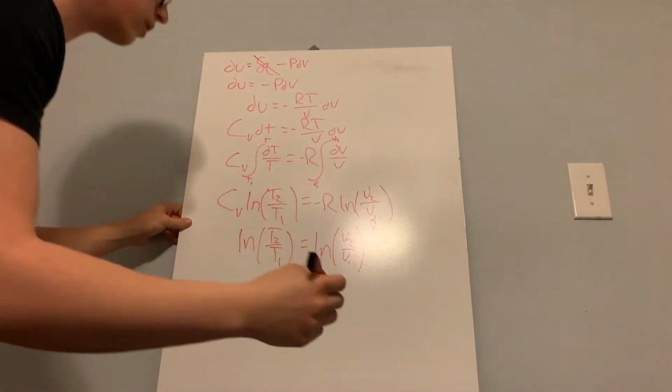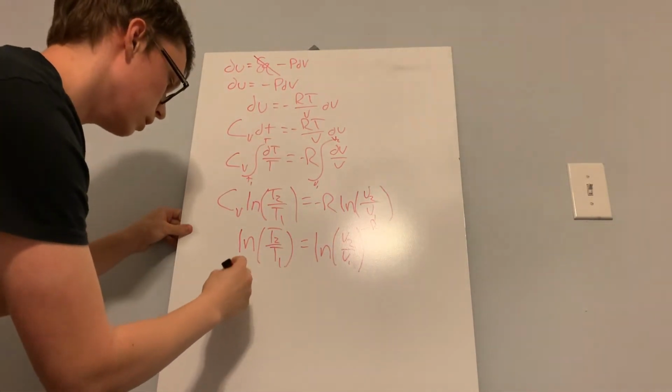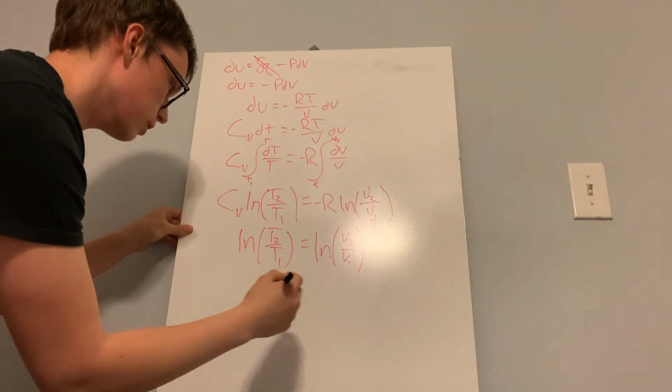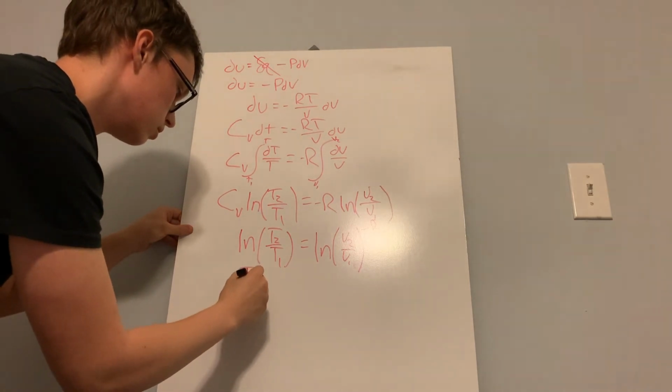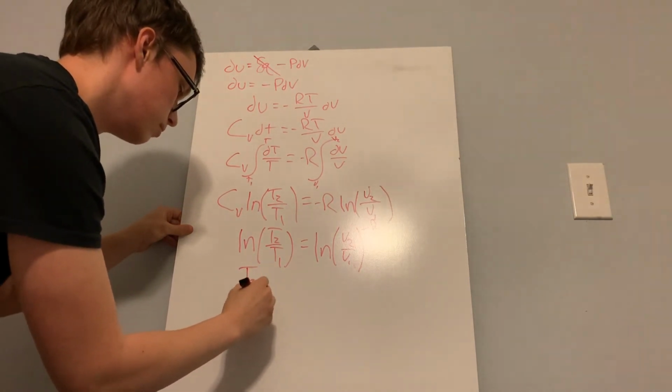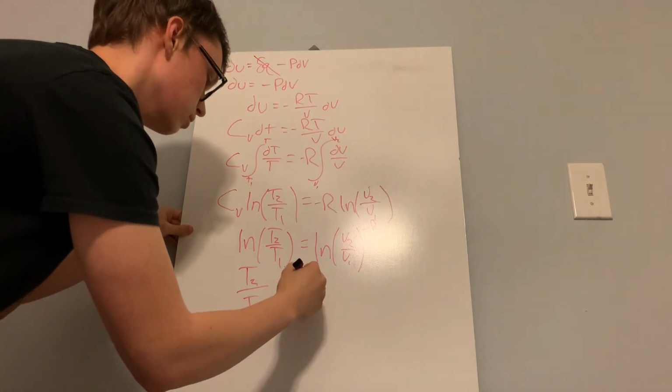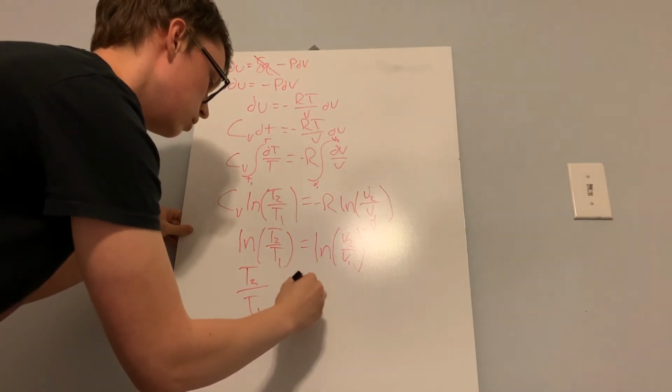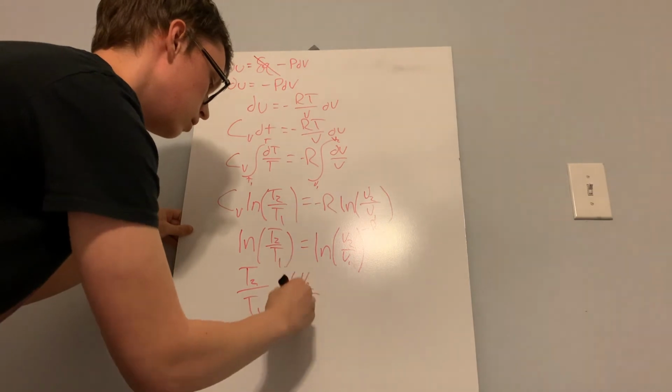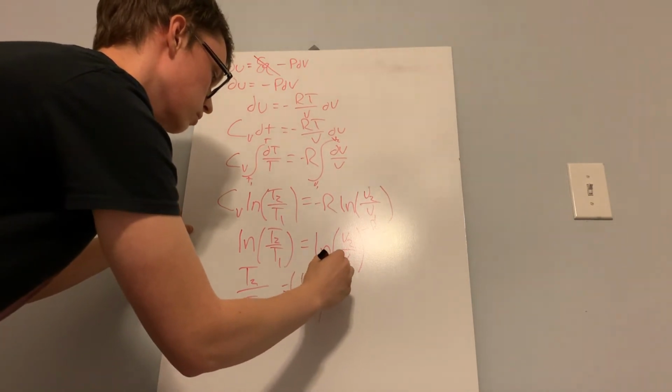And then one final step, we're going to use exponentials to get rid of the natural logs. So we have T2 over T1 is equal to V2 over V1 raised to negative R over Cv.